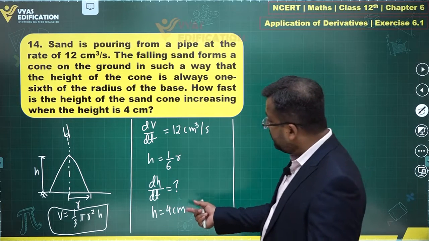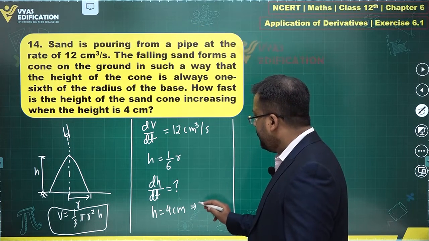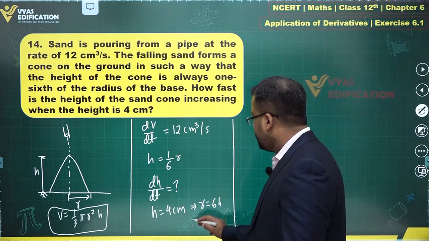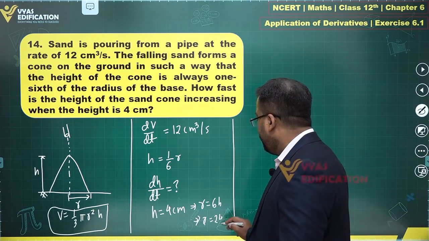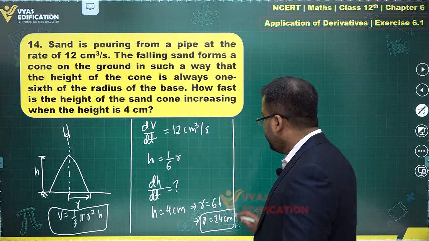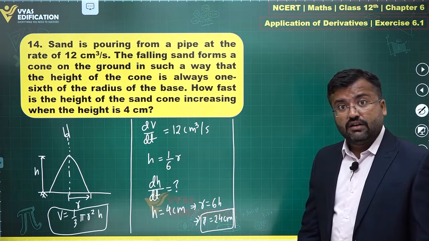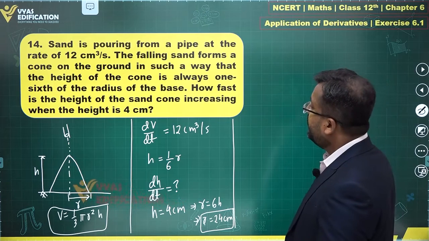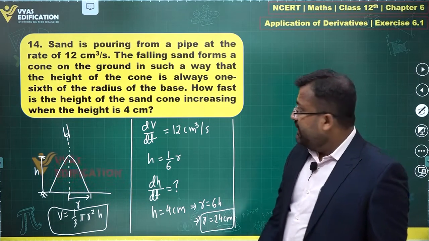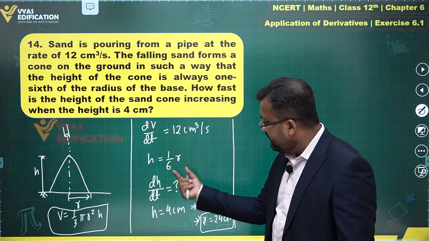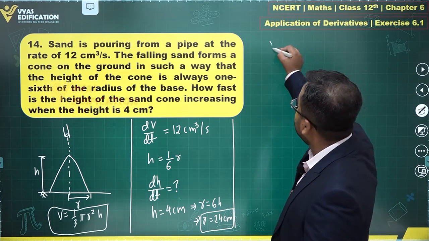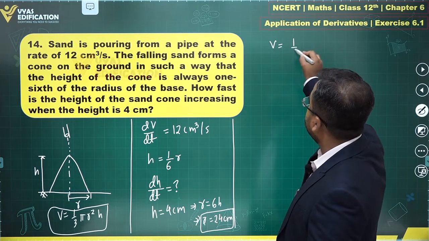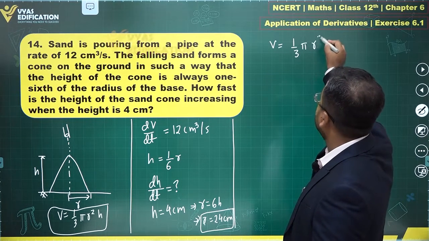When height is 4 centimeter, what will be the radius? Radius will be 6h, which gives me at this particular point, radius will be 24 centimeter. This is what you have, right? Next, we are dealing with the volume, right? It is given this, and we are asked this with the help of maybe r and h, the values of r and h. So let's use this V equals 1 by 3 pi r square h.